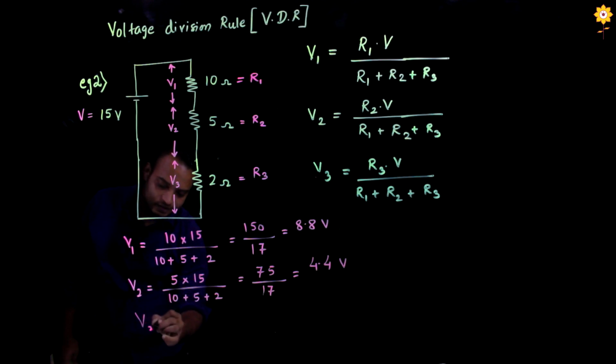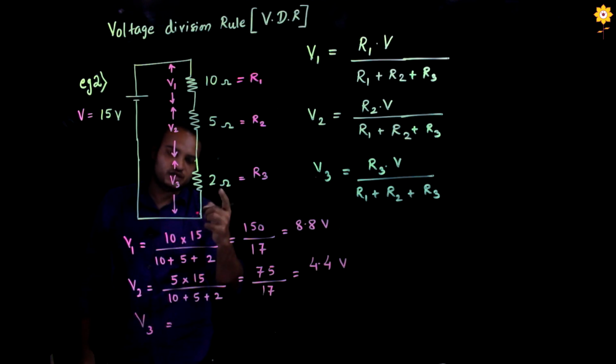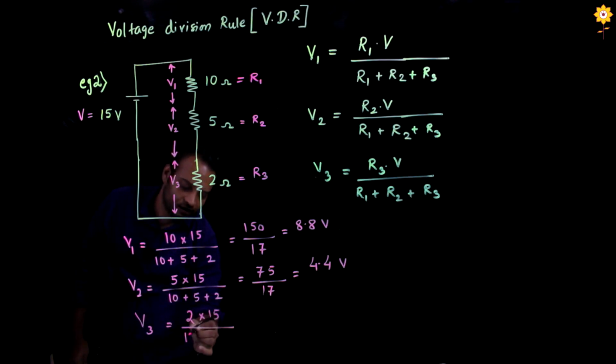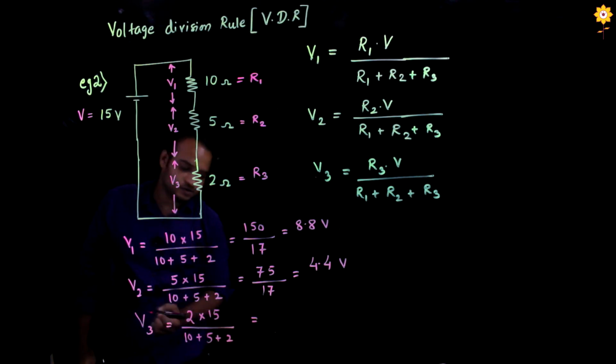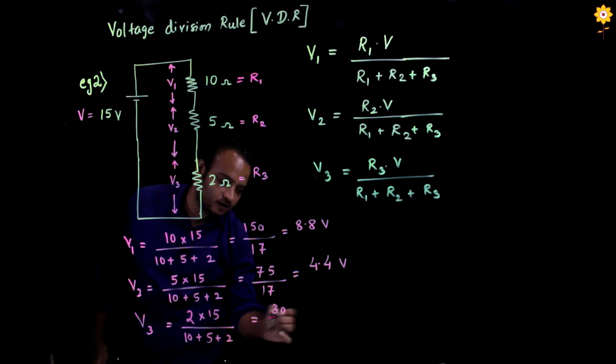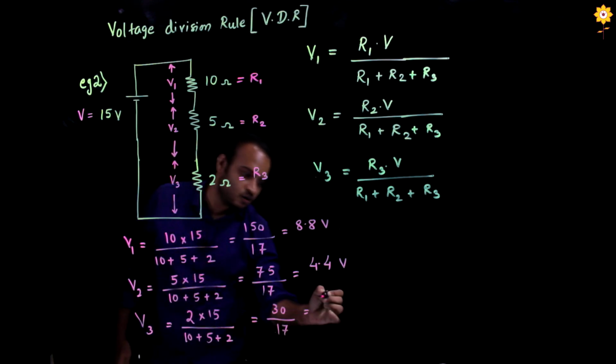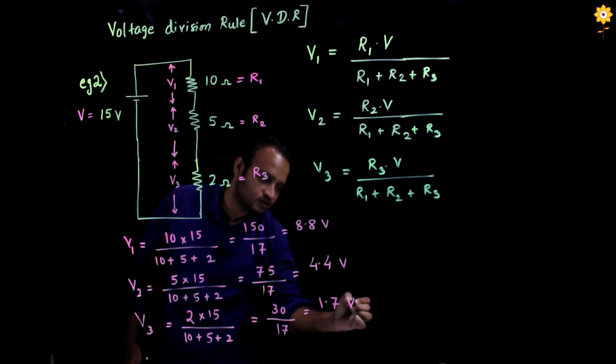And last, that is V3, which is the voltage across 2 ohms, so 2 into 15 divided by 10 plus 5 plus 2, so that will be 30 divided by 17, which will give you roughly around 1.7 volts.